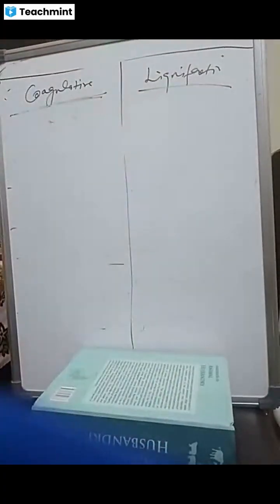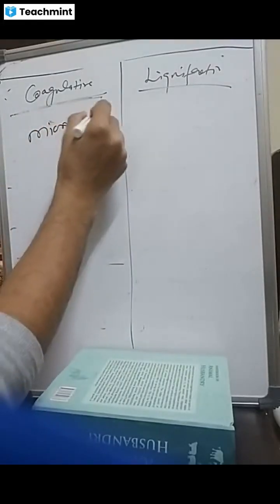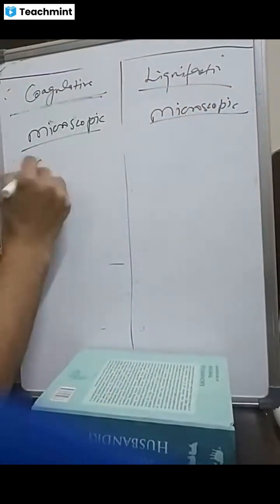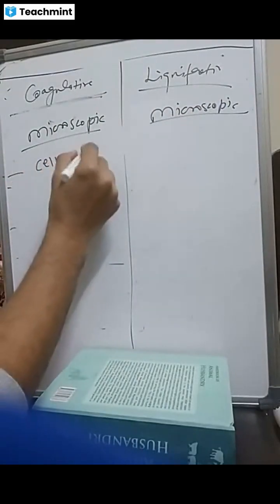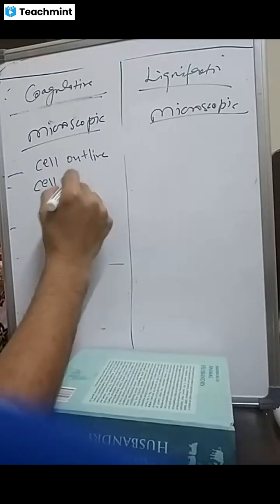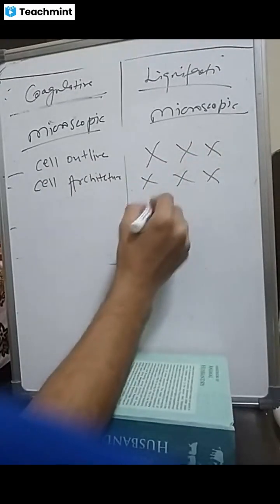If we compare the microscopic appearance of coagulative and liquefactive necrosis, in coagulative there is cell outline and preservation of cell architecture, but in liquefactive there is no cell outline, no cellular architecture, everything is liquefied.